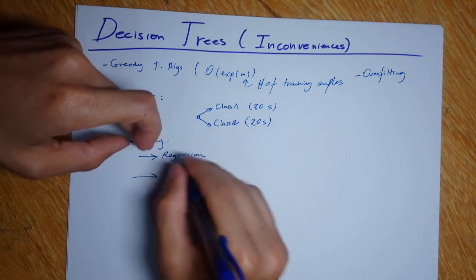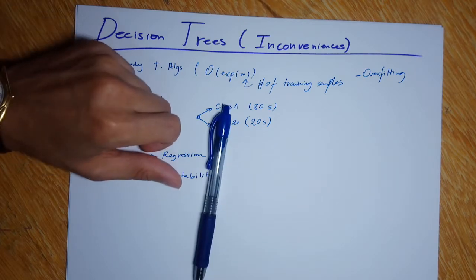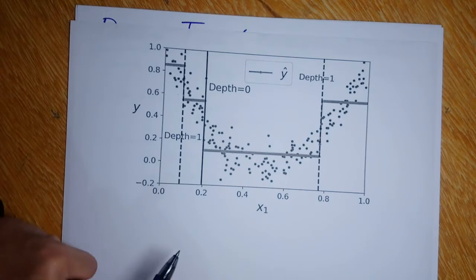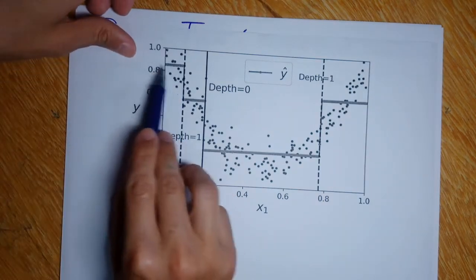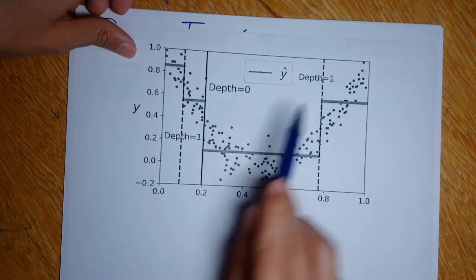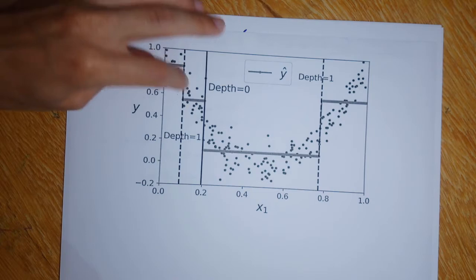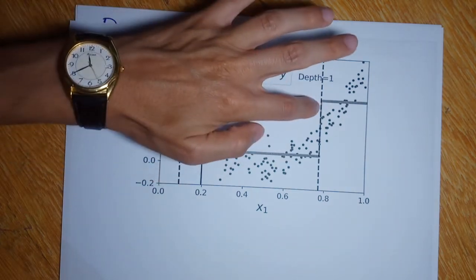Now, why is regression a problem? Well, it's a problem because, for example, say this is a regression model, and you can see the different boundaries created by the decision tree model. In that case, I have only 4 possible outcomes.